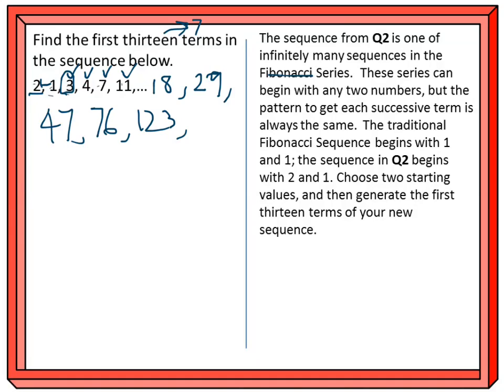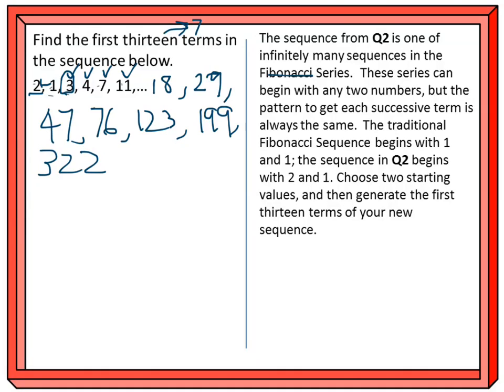And 123 and 76, 199. Let's see, how many are we up to? 1, 2, 3, 4, 5, 6. I need one more. So 123 and 199 is 322. So there are the first 13 terms of that sequence.